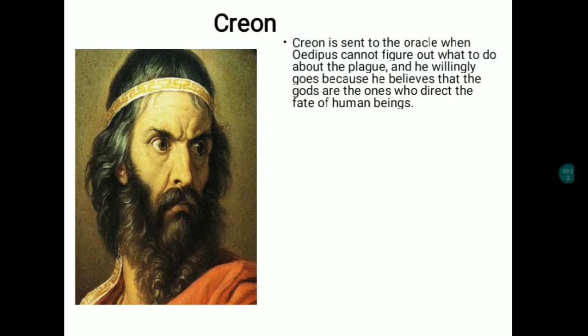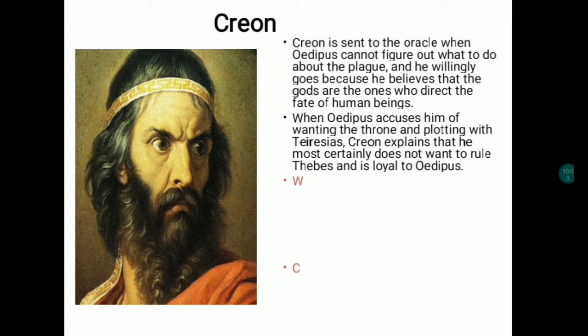So he came back with the result, with that prophecy, and in the play he was abused by Oedipus, condemned by him, and given the guilt of killing King Laius. At the end we find that he became the king of Thebes after the banishment of Oedipus, and his role is very significant from this perspective of the play.